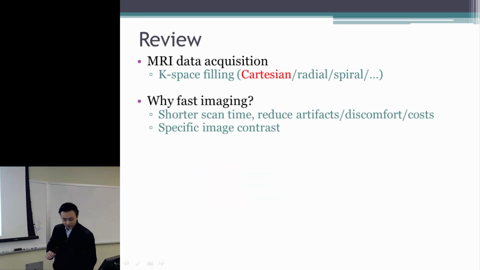Okay. So in terms of MRI data acquisition, we know that the data we collect from the readout is used to fill the K-space. There are multiple schemes to fill the K-space. The most often used one is Cartesian, where we fill the K-space using phase encoding lines, line by line, right?